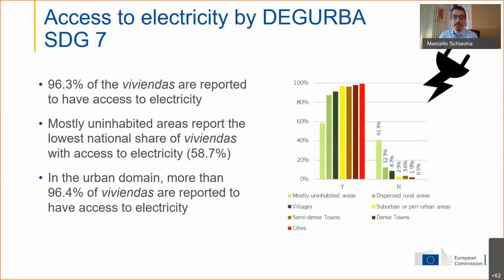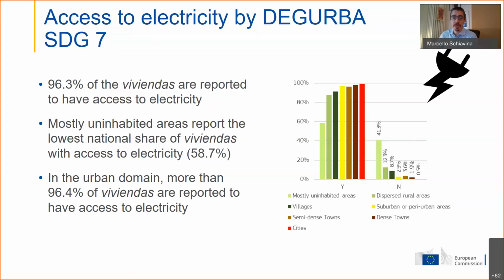The degree of urbanization helps in disaggregating these national figures to identify the variation, and we see that urban areas have higher access. 99.5% of viviendas in cities are reported as having access to electricity, compared to 97.6% in towns and semi-dense areas, and only 86.3% in rural areas, that is 10% less than the national average.